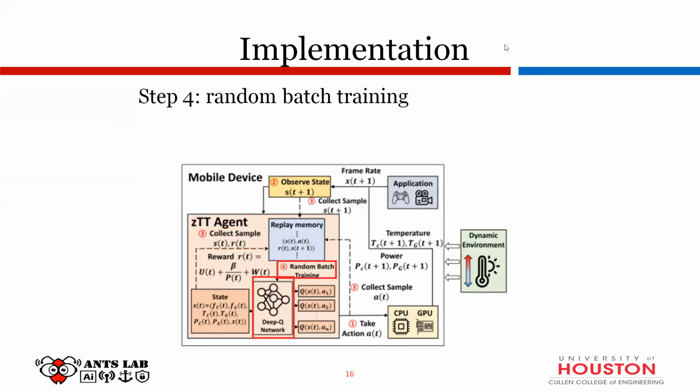And finally, they will do random batch training through deep Q learning. So these are the four steps that run under this implementation. They just keep going, with the constant changing of the environment, as well as the application that might change on the device.